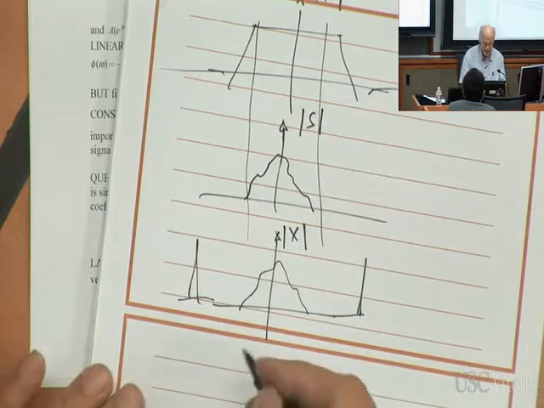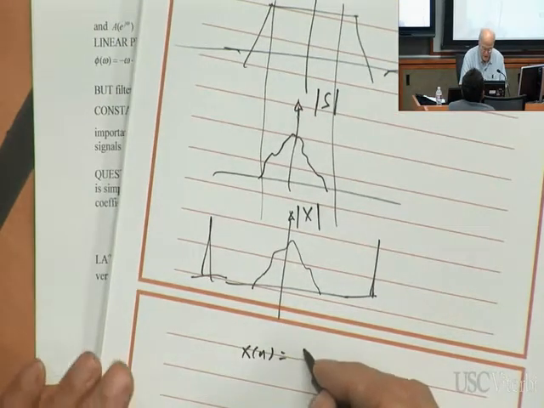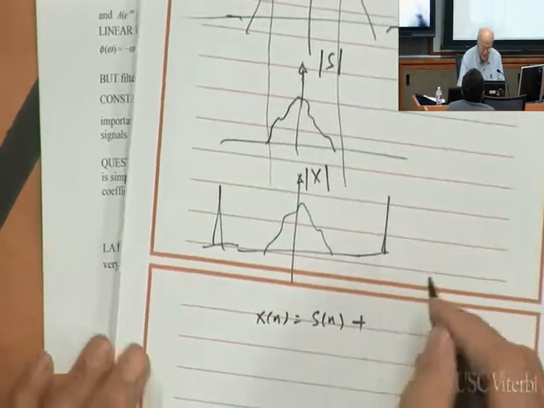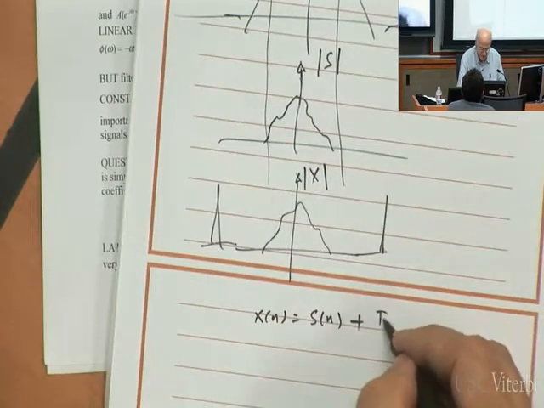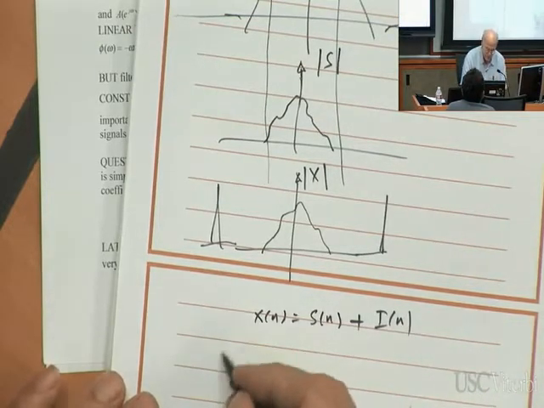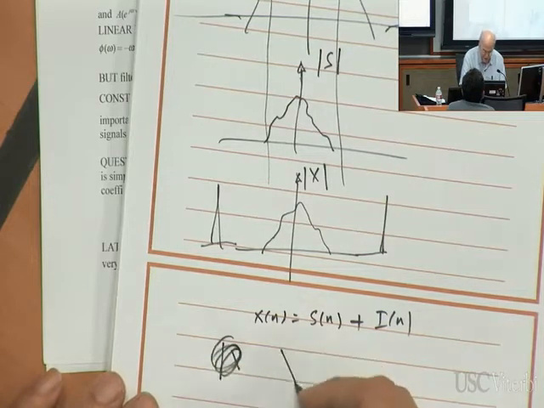So I will say that x of n is equal to s of n plus, let's call it i of n, for interference. So what happens when that goes to the filter? The output is x times h.